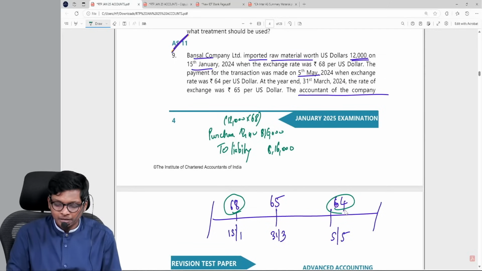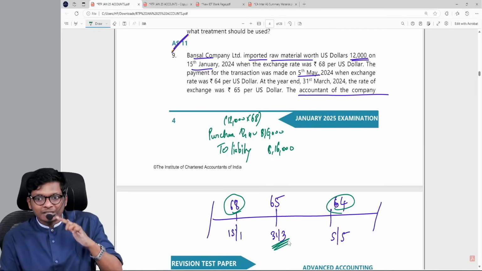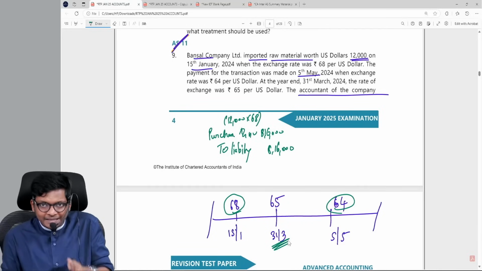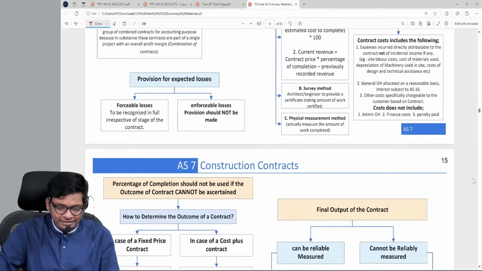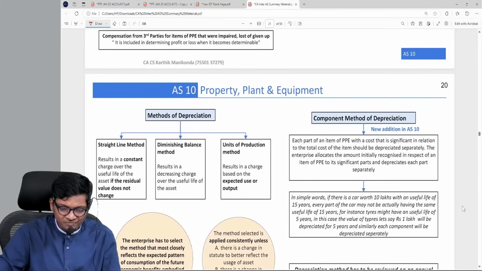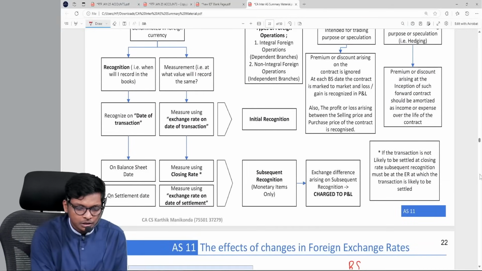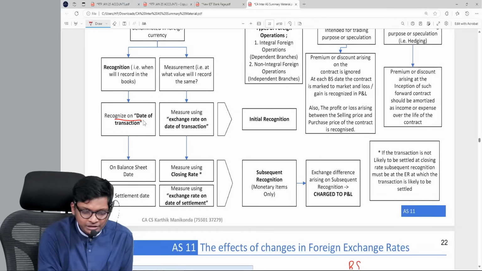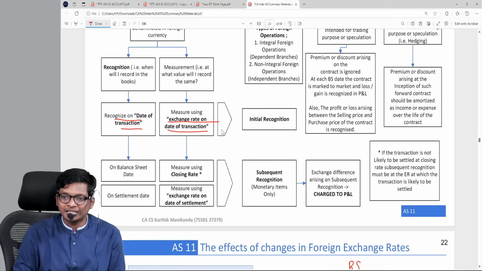You are saving. But 31st March, will I do any entry? Yes. You have to restate your liability with the exchange rate as of 31st March. Sir, where is this given? This is given in AS 11 in a very simple way. AS 11 says, recognize every transaction on date of transaction using exchange rate on date of that transaction.